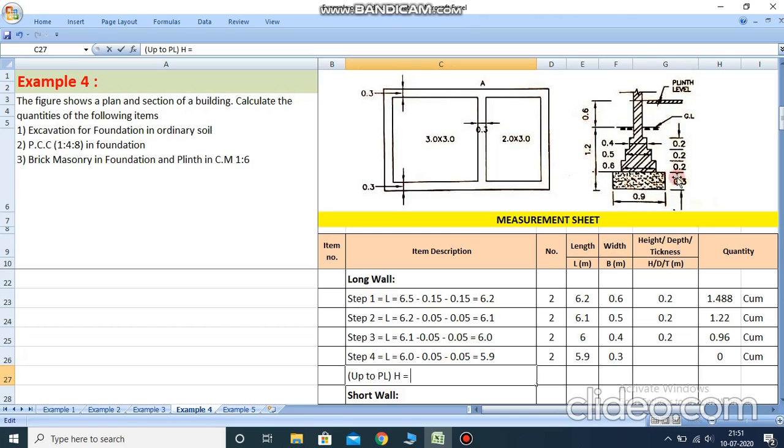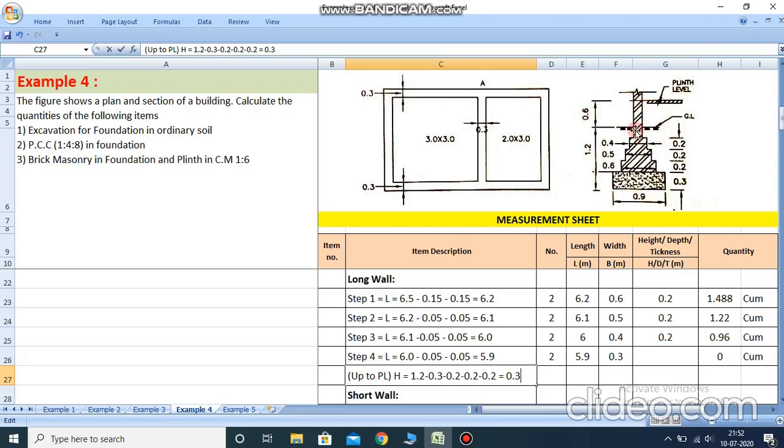1.2 minus 0.3 minus 0.2 minus 0.2 minus 0.2. So we got the value from the ground level to the second step. Clear? So 1.2 minus 0.3 minus 0.2 minus 0.2 minus 0.2, this value we got is 0.3.